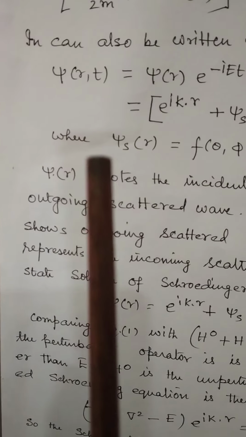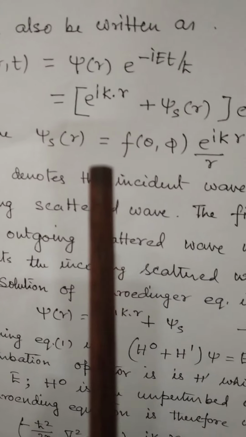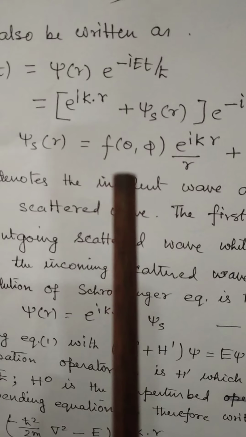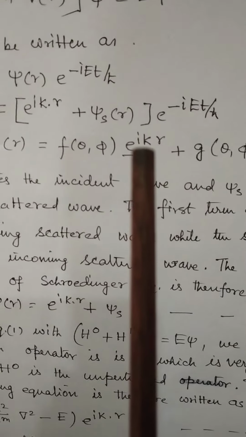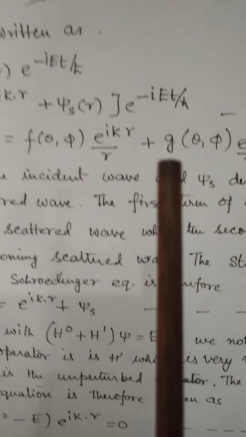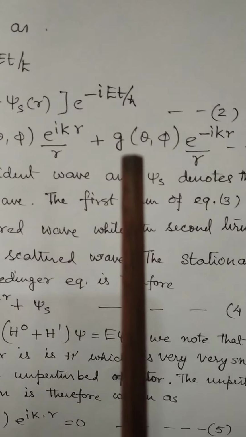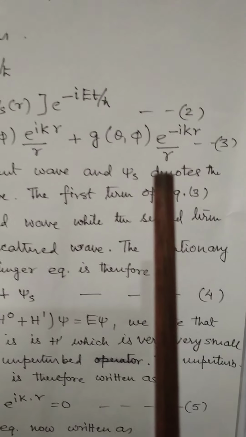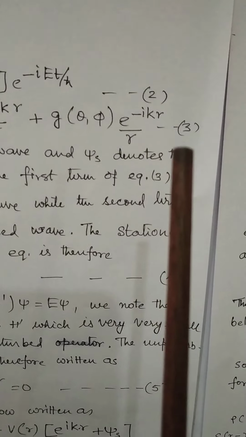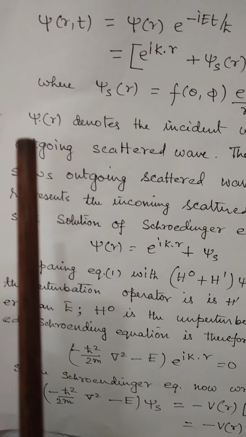Let it be equation number 2, where ψs equals f(θ,φ) e^(ikr)/r plus g(θ,φ) e^(-ikr)/r, which is equation number 3.